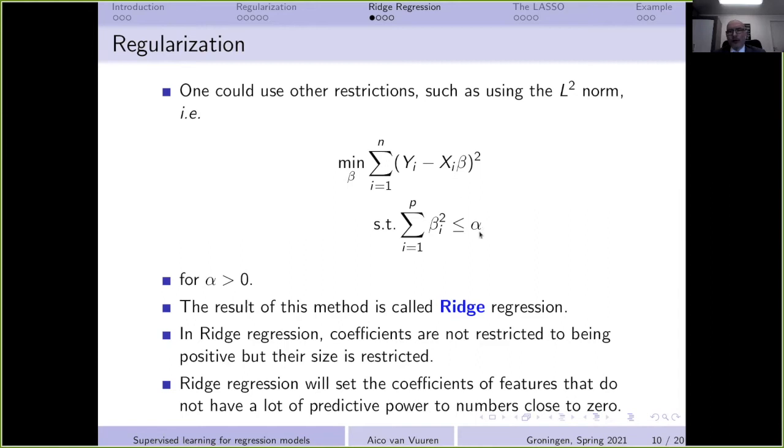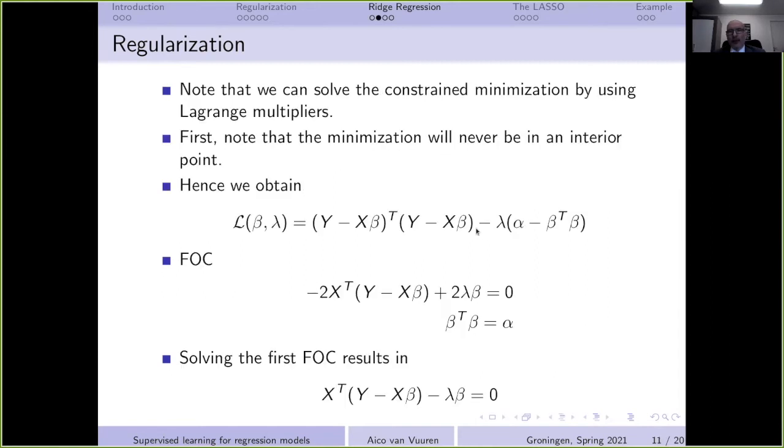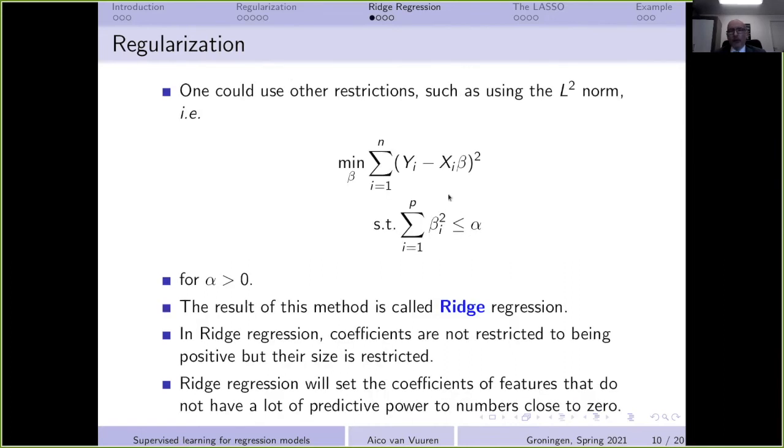At the moment that alpha is very, very large, then we will generally see simply the ordinary least squares outcomes, because it could be possible that even the ordinary least squares outcomes of the unrestricted model still obey this rule that we have over here.